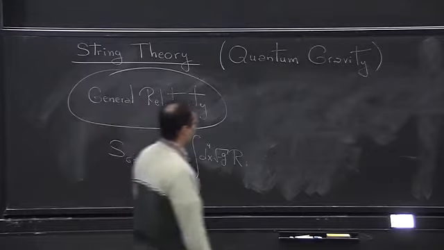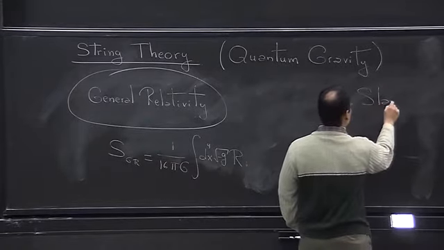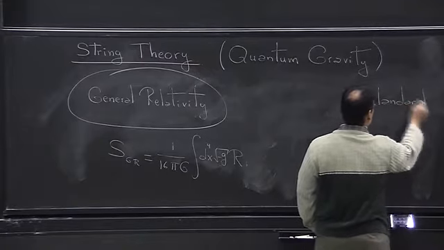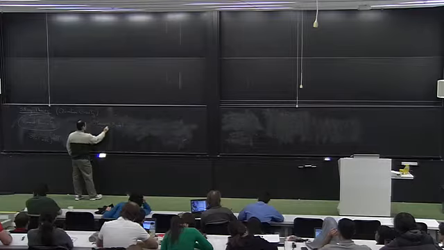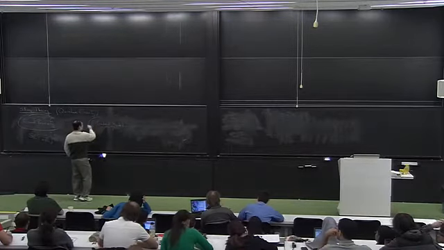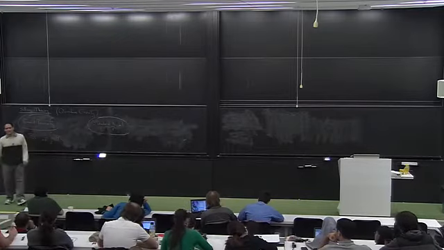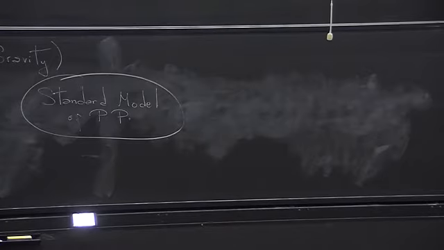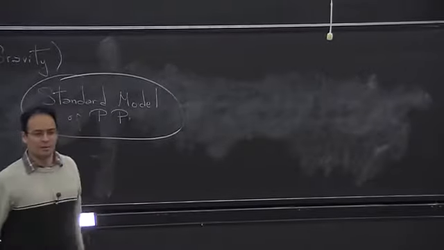Okay. And we also have the standard model of particle physics, which seems to be spectacularly successful, much more than what we wanted, really, in the sense that even at the LHC, everything is working spectacularly well.